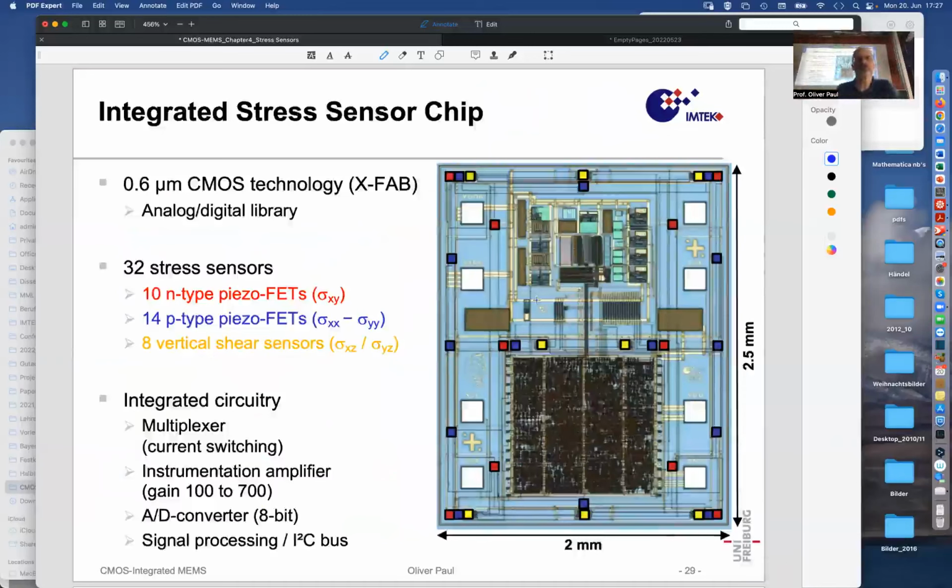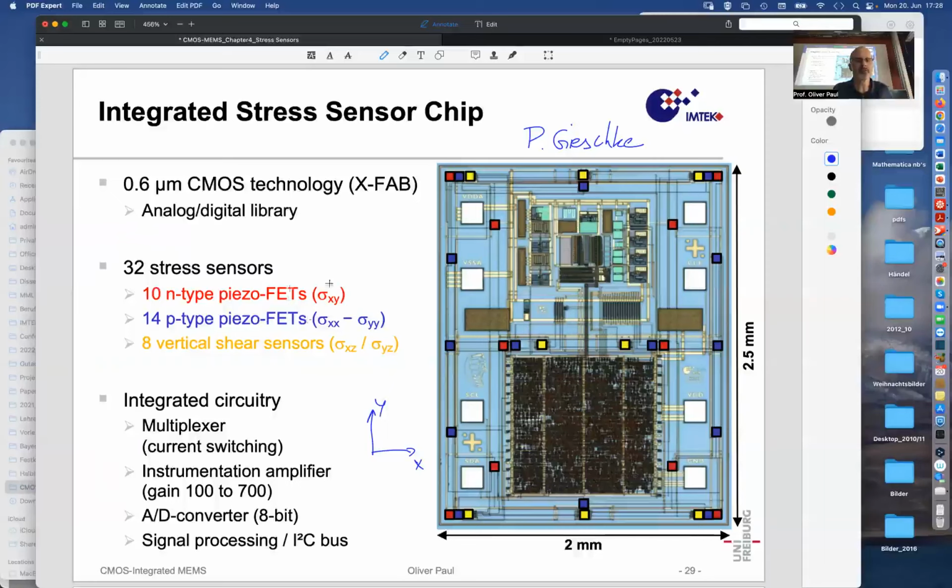Here's a sensor chip. It was done by Pascal Gischke again. Gischke is now with Bosch Sensortech, and he did a system that had 32 stress sensors, namely 10 NMOS piezo FETs for measuring sigma xy. So now the coordinate system xy is this coordinate system xy.